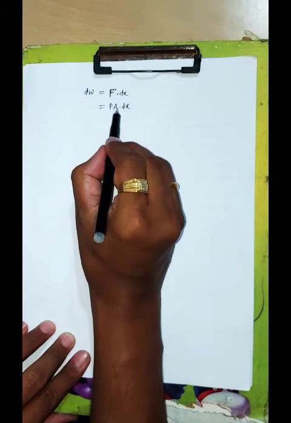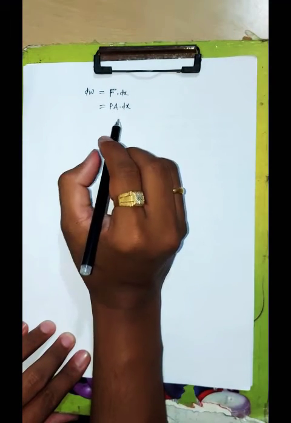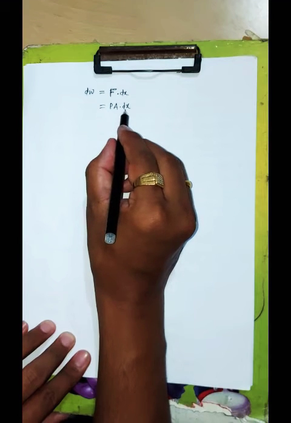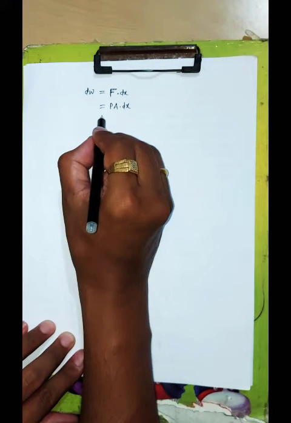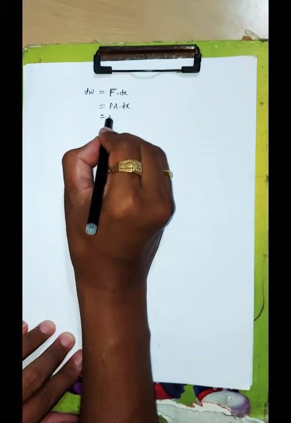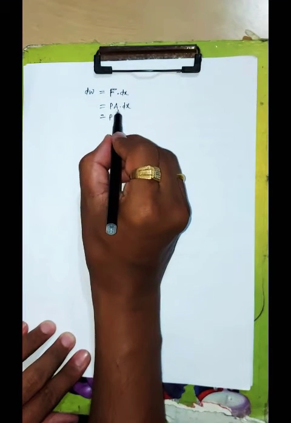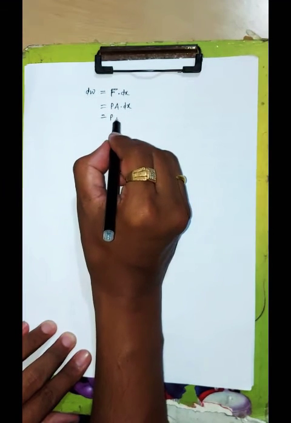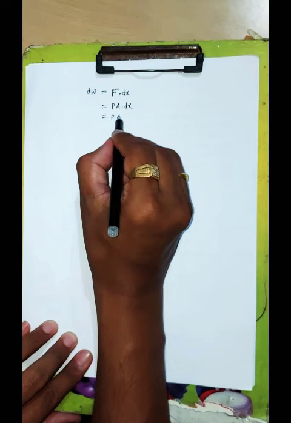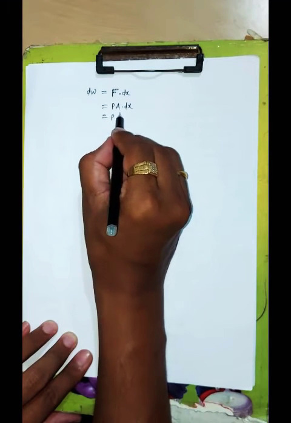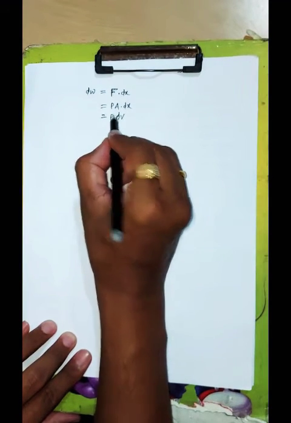All of you know that area multiplied by displacement, that is nothing but your change in volume. So we should write this pressure as it is, and instead of this area into displacement there should be a change in volume. So it will be dV.